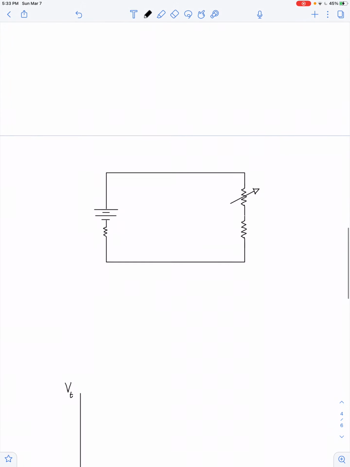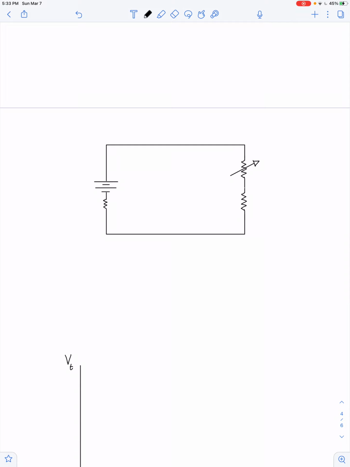Maybe it's better we diagram this. So instead of calling this V, we're calling this EMF, internal resistance. And then if we picture a battery, then from the positive terminal to the negative terminal across there is V subscript T, the voltage across the terminals of the battery, the terminal voltage.